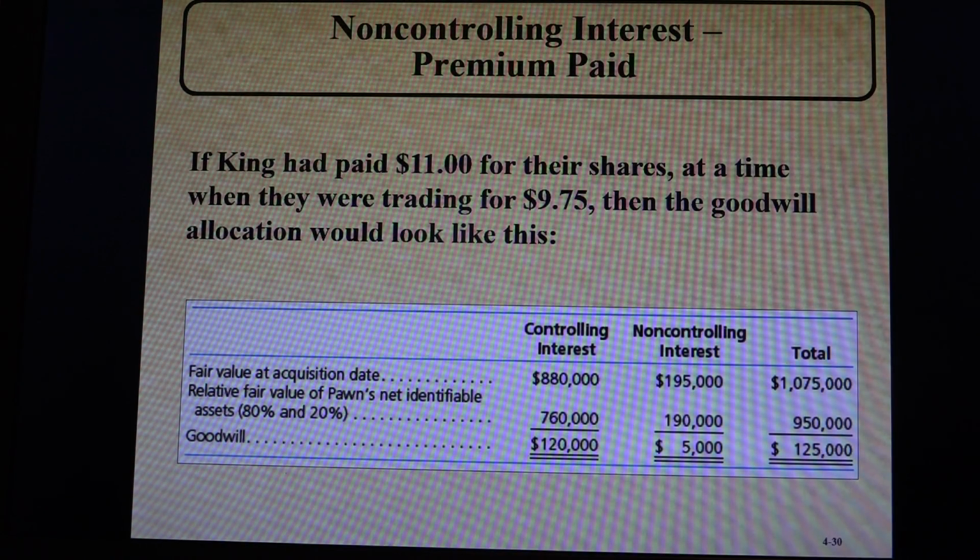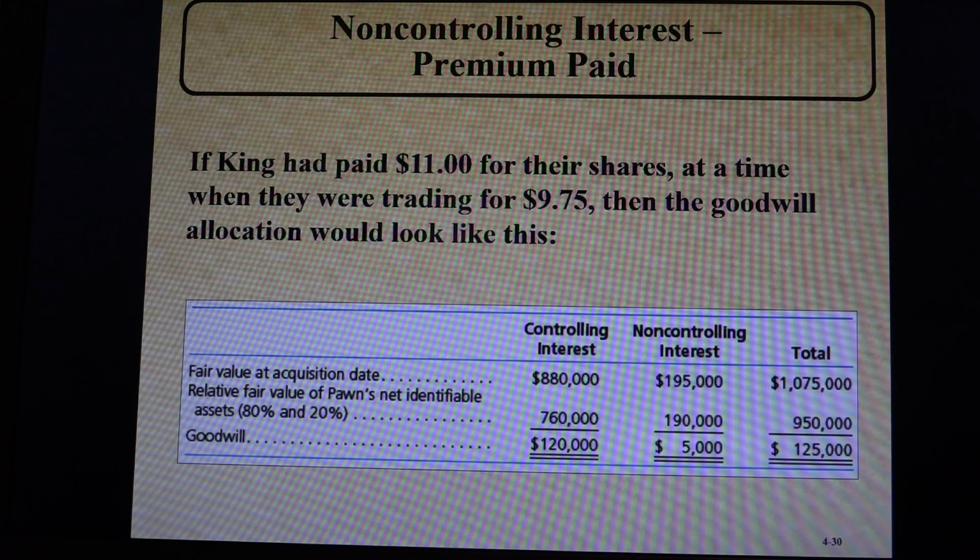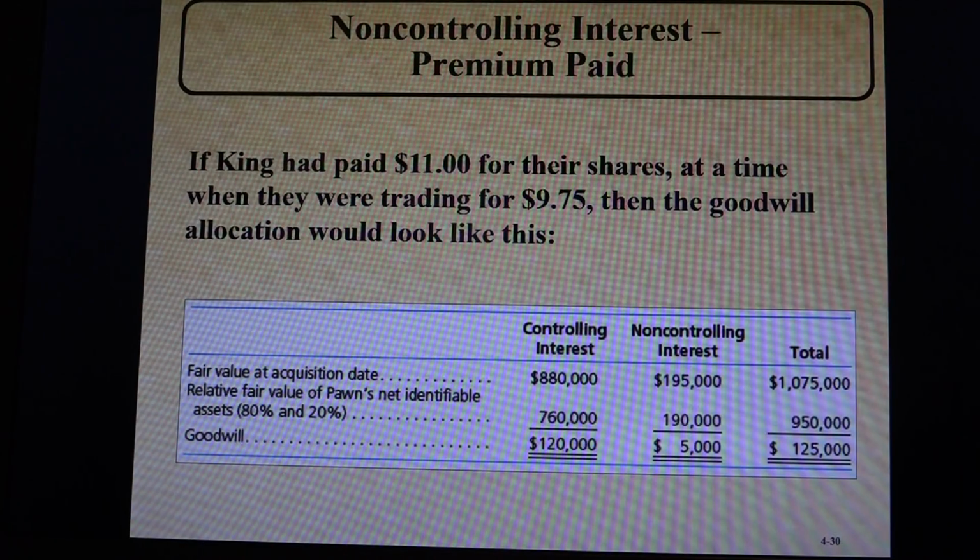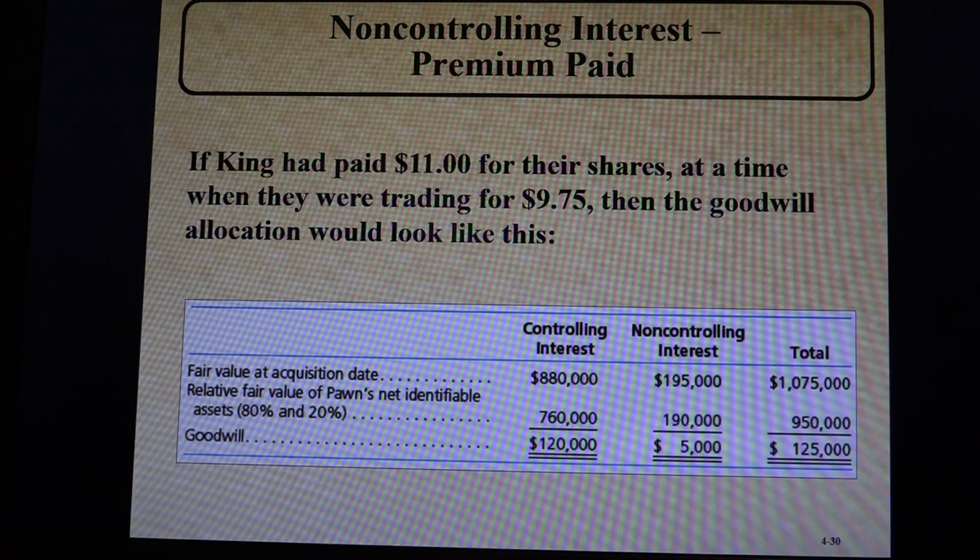So again, that goes in on your worksheet, and note there's a few extra lines that are added under consolidated net income. You have net income attributable to the non-controlling interest. And from that, you're going to subtract the non-controlling interest's portion of any dividends paid.